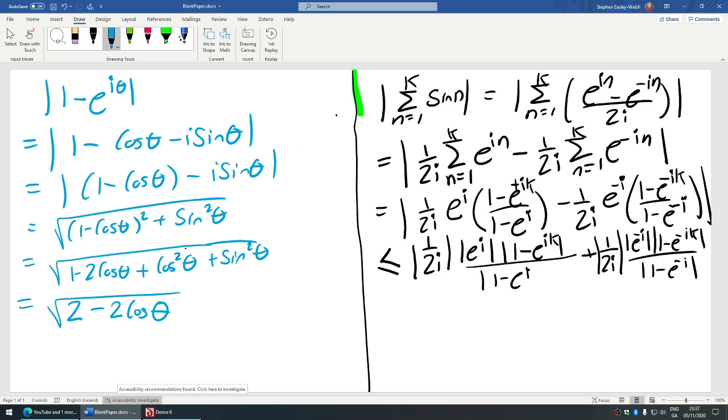Yeah. So we can see that this is at most root 4, which is 2. So we have an upper estimate here. But my theta could be k.